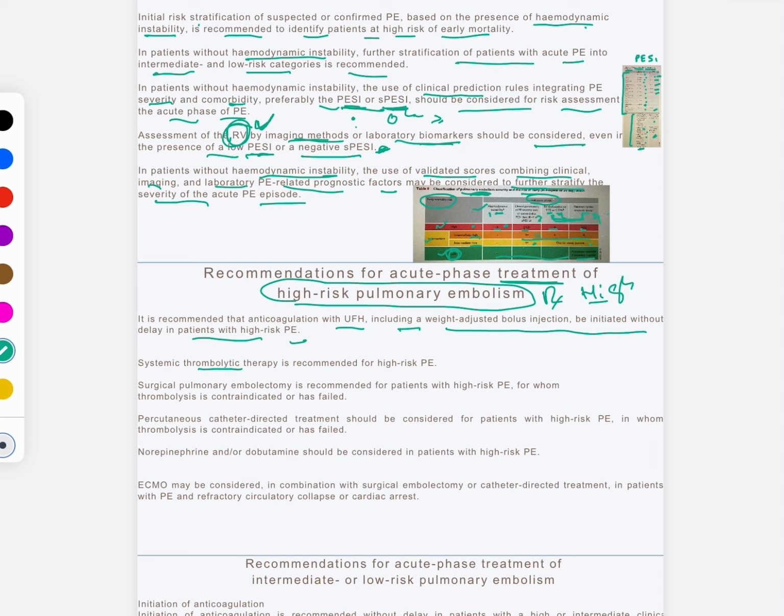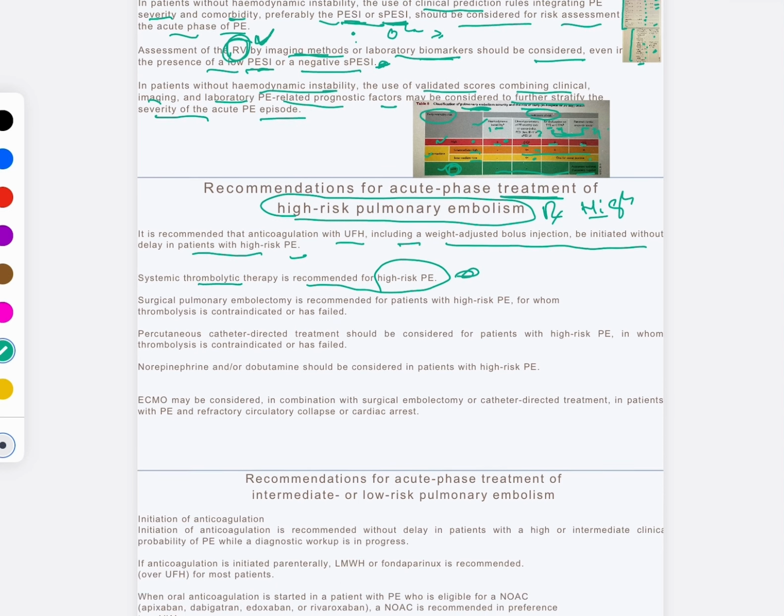Systemic thrombolytic therapy is recommended for high-risk PE. If the patient is hemodynamically compromised, you can start systemic thrombolytic therapy. We will later discuss tPA and others. If thrombolytic is contraindicated, you can go for embolectomy.